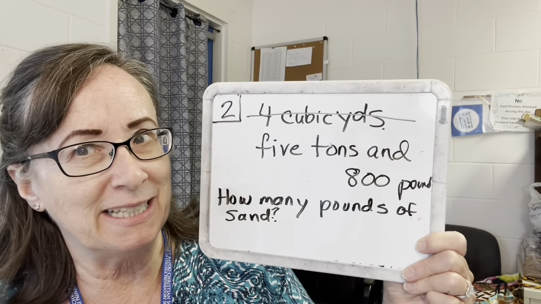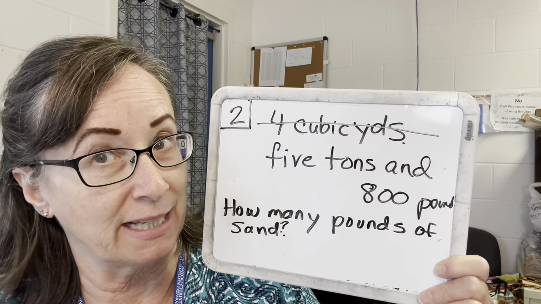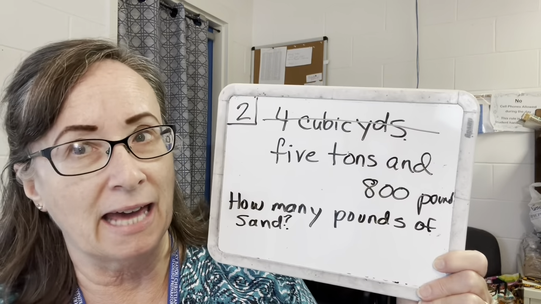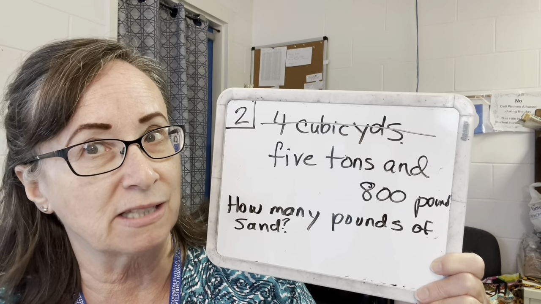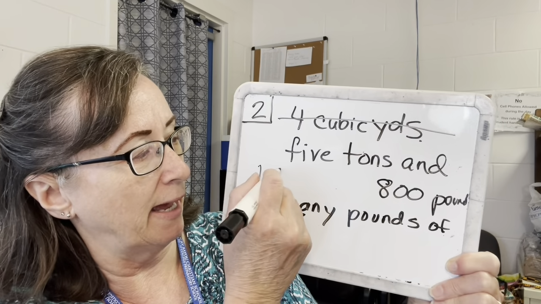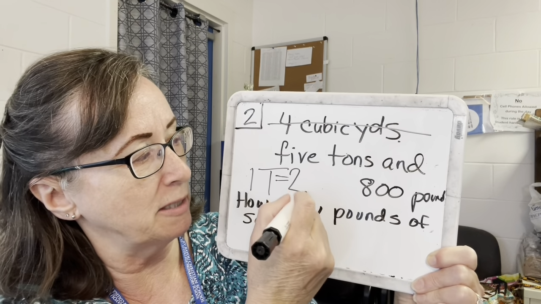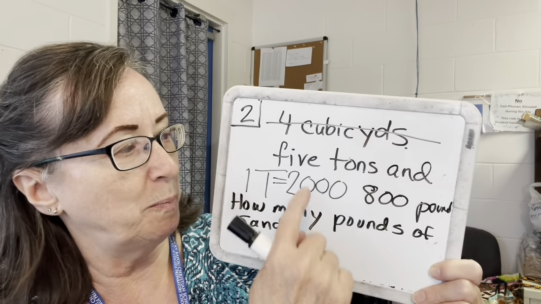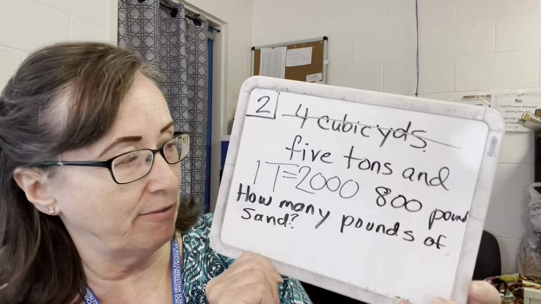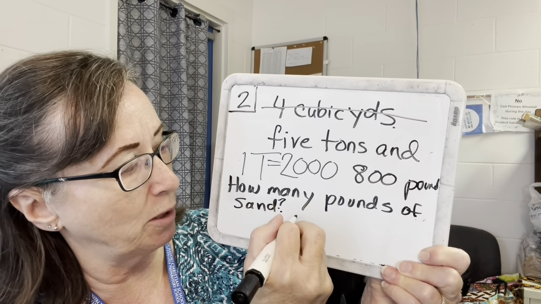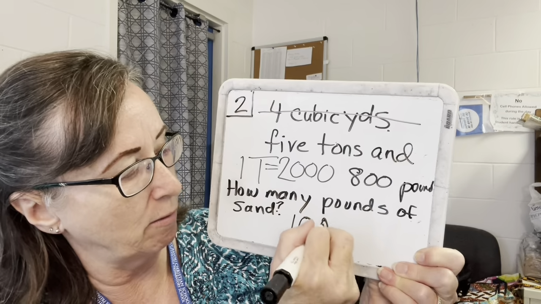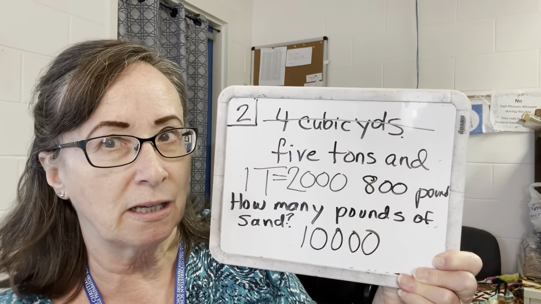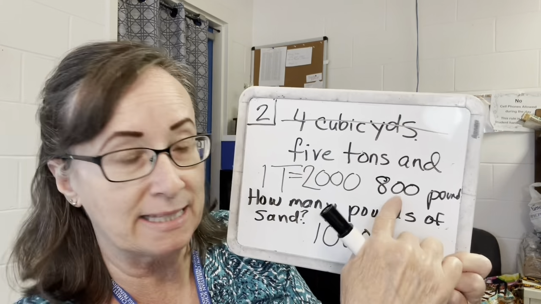Okay, I do need to know, and you can find this on page 37 of your textbook, that a ton is 2,000 pounds. And if 1 ton is 2,000 pounds, then 5 tons would be 2,000 times 5. Okay, so 2,000 times 5 would be 10,000 pounds of sand, plus the 800 over here, 800 pounds of sand.